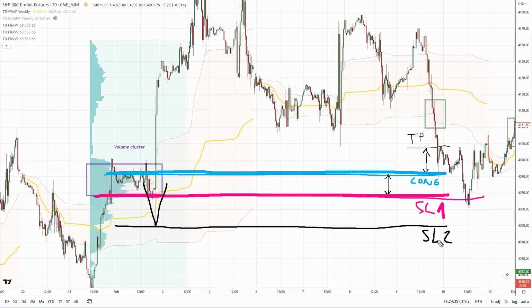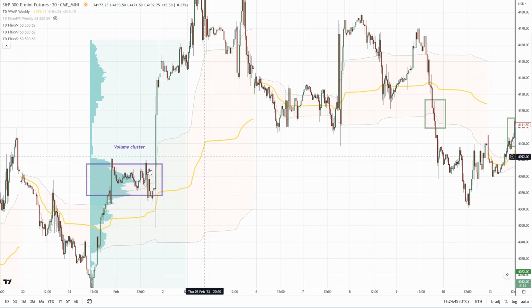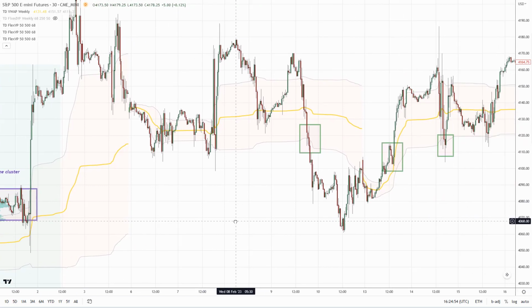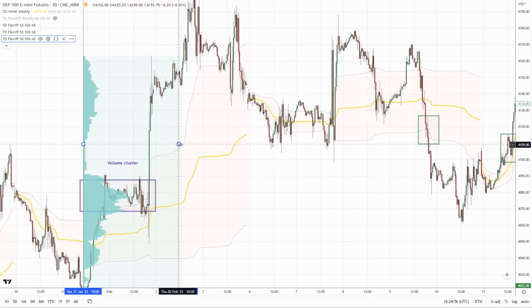As I was saying, in this case, it would be too much. So in this case, it would be best to place the stop loss in here. All right. So this is the first example of the volume accumulation setup, one of the volume profile setups that I like to trade. Let me show you on a couple of more examples.